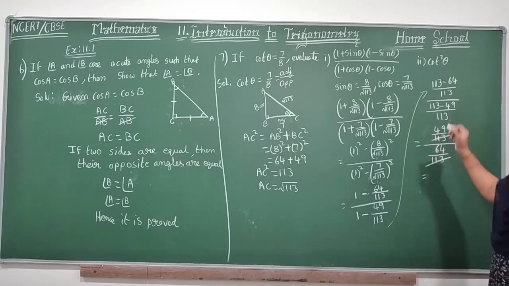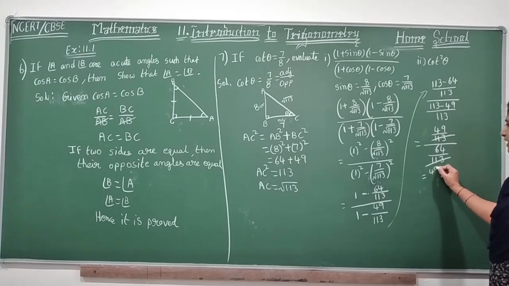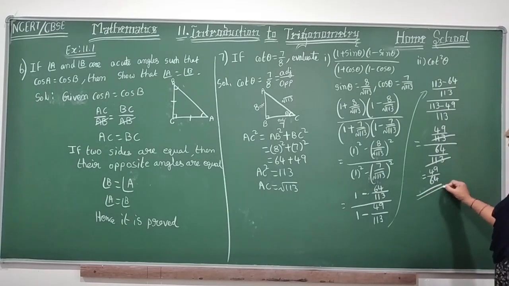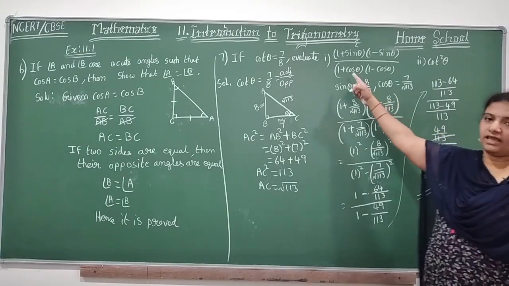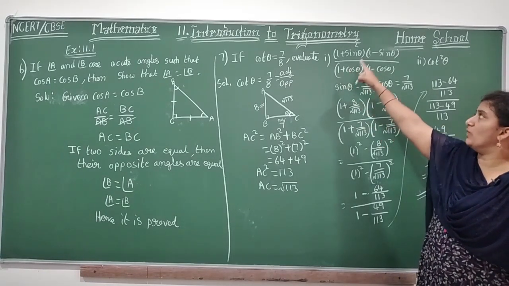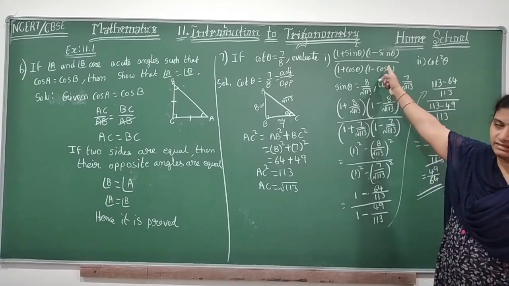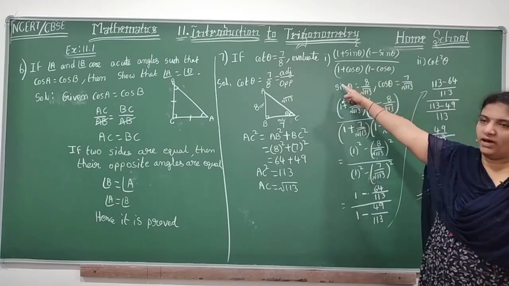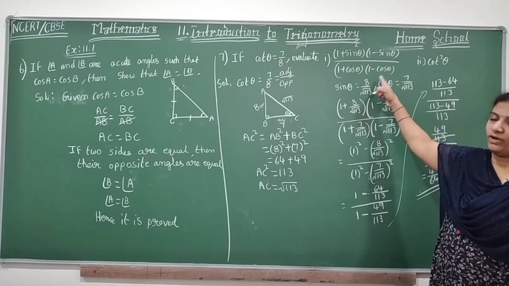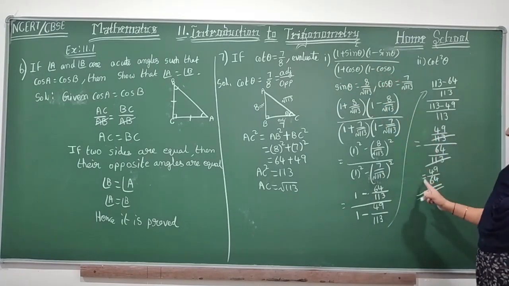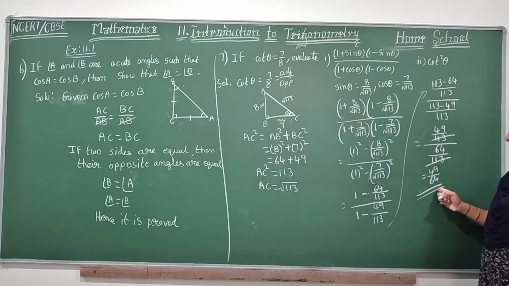So finally, what is your answer? It will be 49 by 64. That is, again rewriting the question: 1 plus sin theta into 1 minus sin theta, divided by 1 plus cos theta into 1 minus cos theta, is equal to 49 by 64.